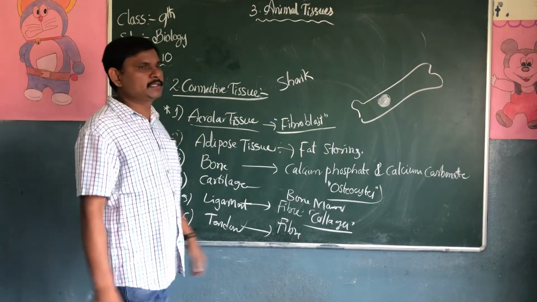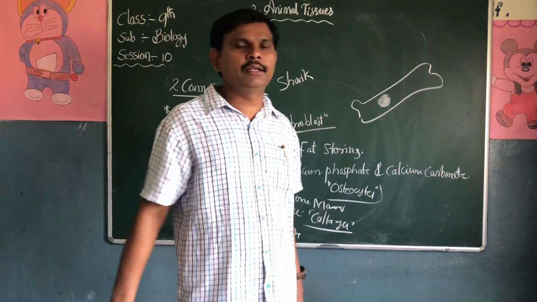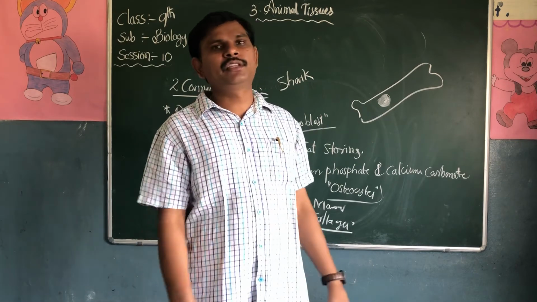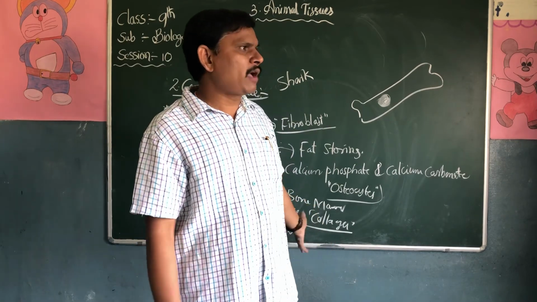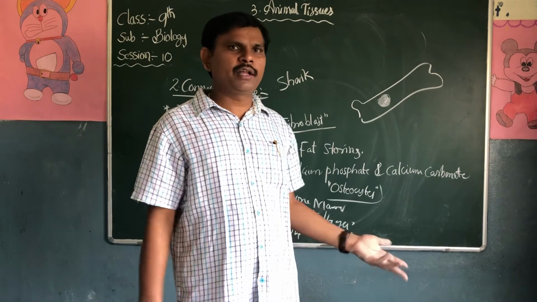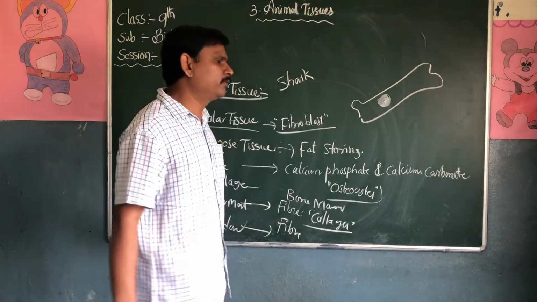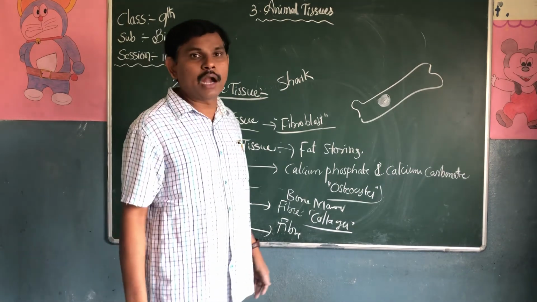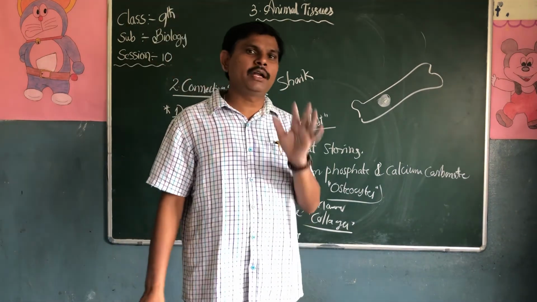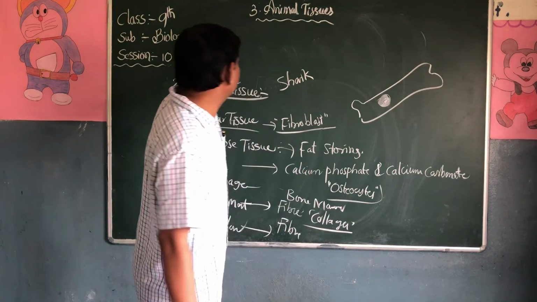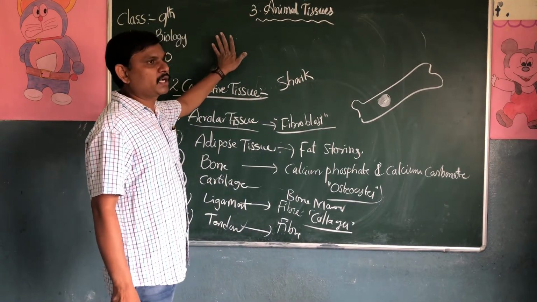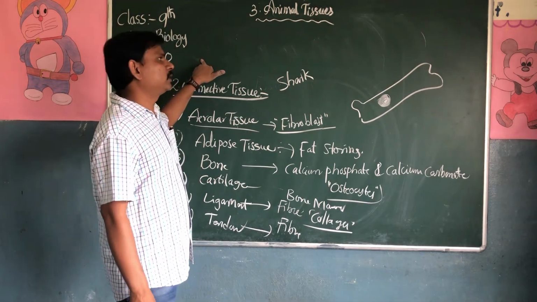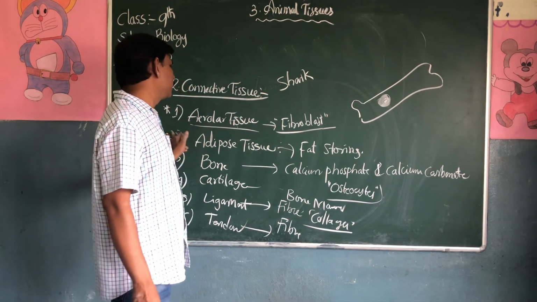This is about today's lesson. Only two tissues: one is epithelial tissue, with types squamous, stratified, cuboidal, columnar, and glandular epithelial tissues, and the second is connective tissue, with its different types.